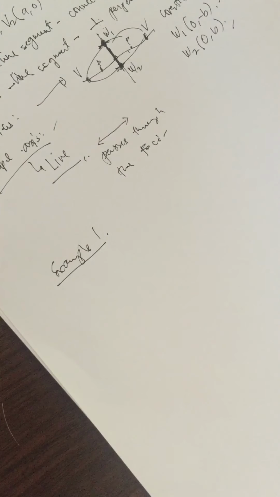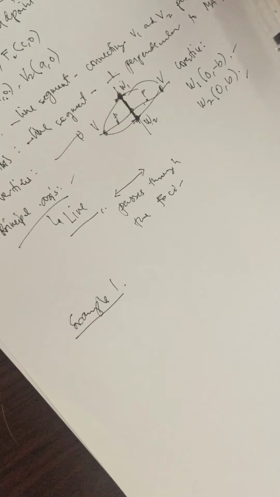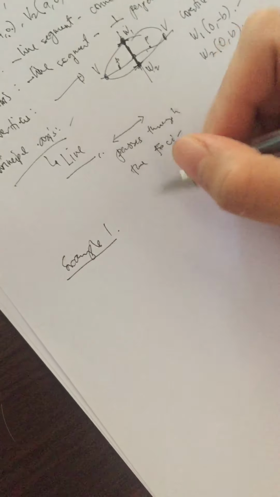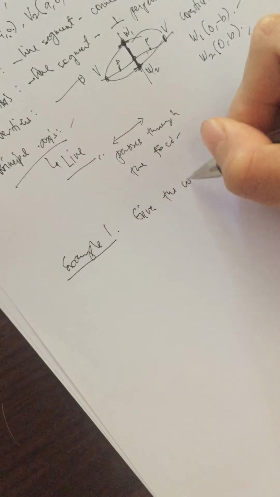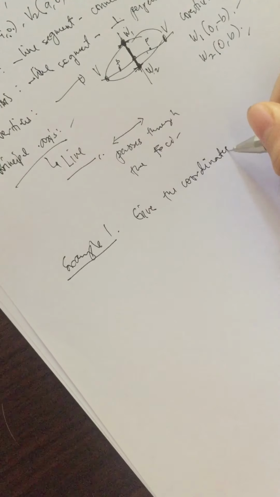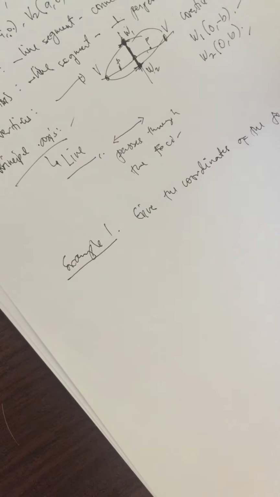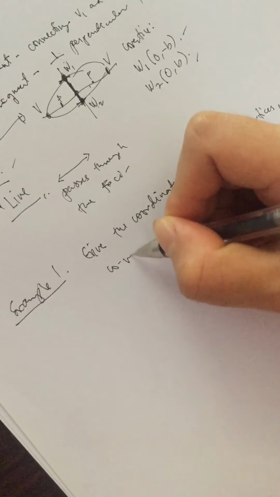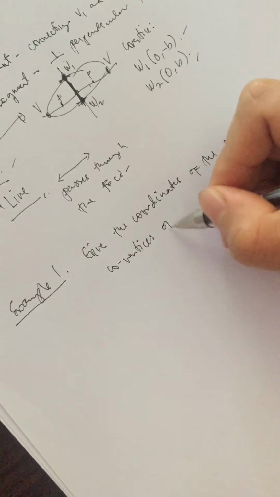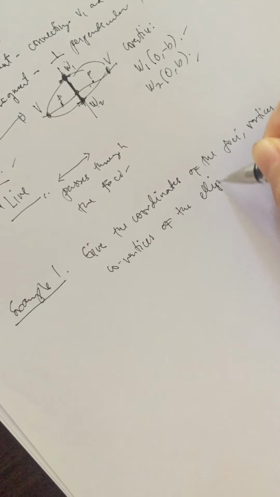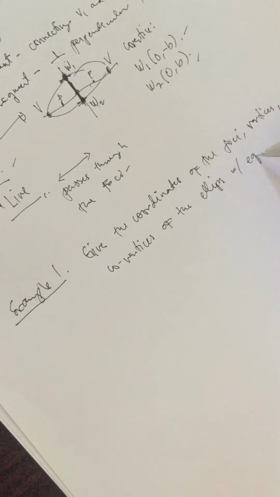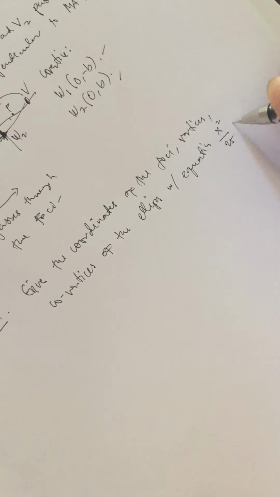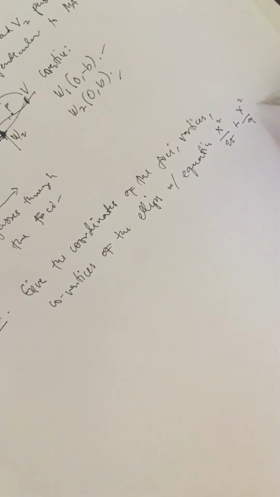Example 1: Give the coordinates of the foci, vertices, co-vertices of the ellipse with equation x squared over 25 plus y squared over 9 equals 1.